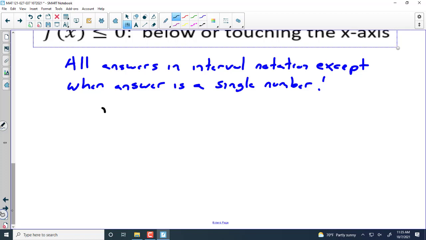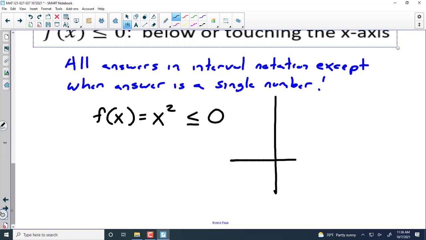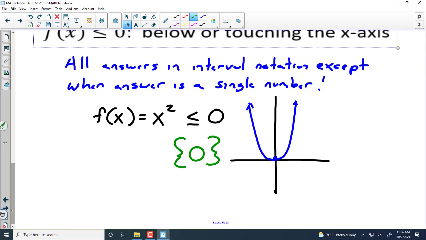For instance, if I said when is f of x equals x squared less than or equal to 0, I'm asking you when is that below or touching the x-axis? Well, was it ever below the x-axis? No, but is there a point where it's touching the x-axis? Yes, so the only answer to this would be 0, because we're touching, but never below. And this wants to know if we're below or touching. And we are touching at one point.